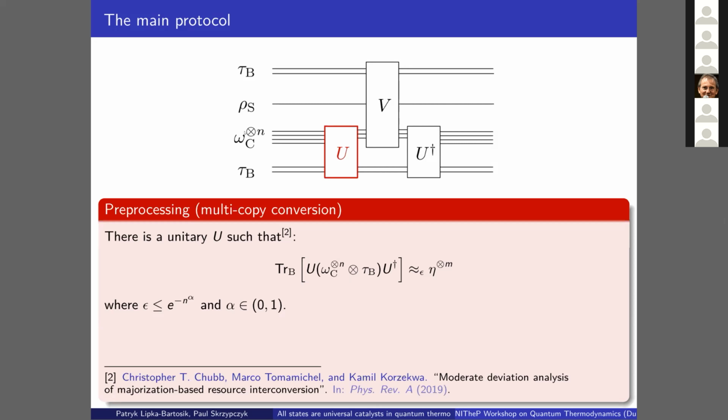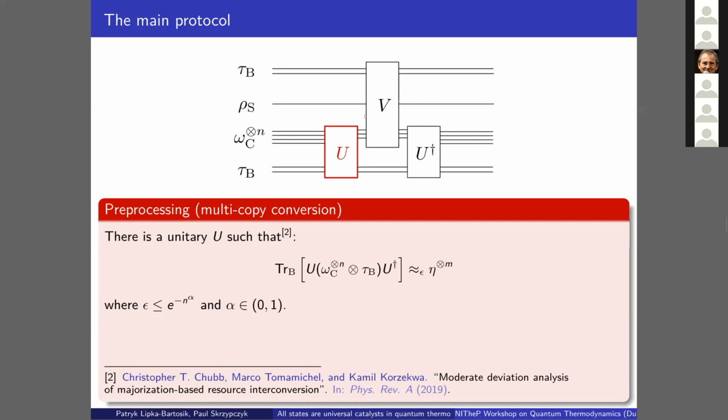And importantly, this conversion can happen with a very small error, which vanishes quickly as the number of copies increases. And this is essentially the content of the first result which we use in our work. This is a result by Christandl, Marco Tomamichel, and Kamil Korzekwa. They essentially estimated the error of applying this unitary, which creates some state which we want here.